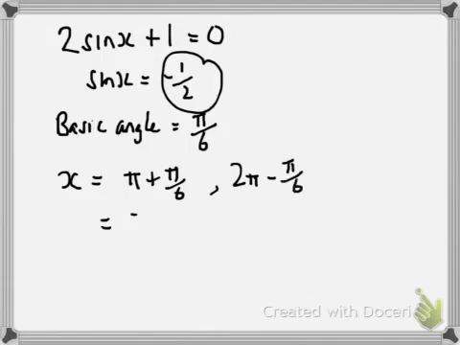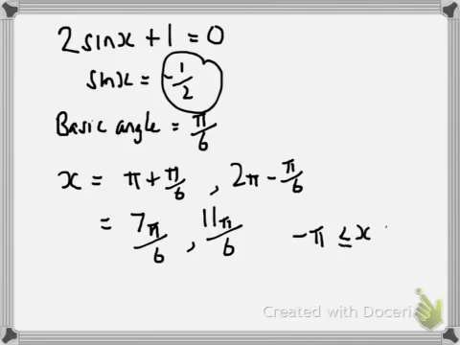So that's going to be 7 pi on 6, and this one's going to be 11 pi on 6. Now notice how both of those are outside our domain, and our domain that we're dealing with is this one. 7 pi on 6 and 11 pi on 6 are both outside that upper limit of our domain. But what about their negative equivalents? Let's have a look at that on the next slide.